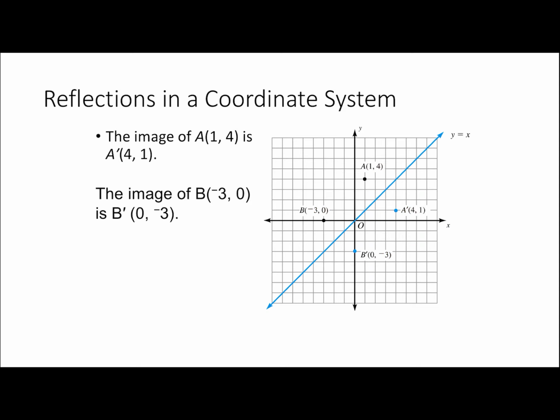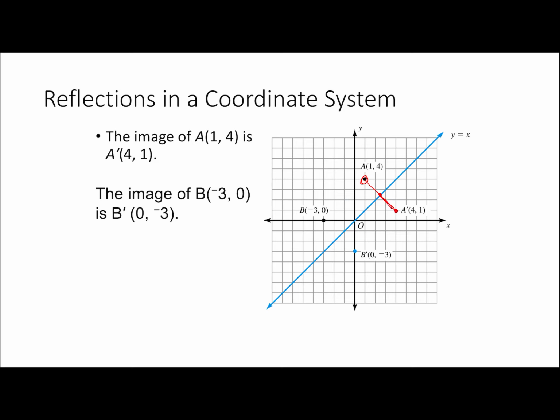So if we start with the point 1, 4, that's this one up here at the top, and we reflect it across the y-axis. I'm sorry, not the y-axis, the equation y equals x. Then what's going to happen is the distance from that point to this line is going to be the same as it is from our new point, A prime, to that line.